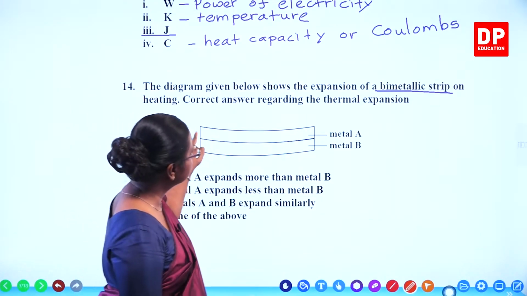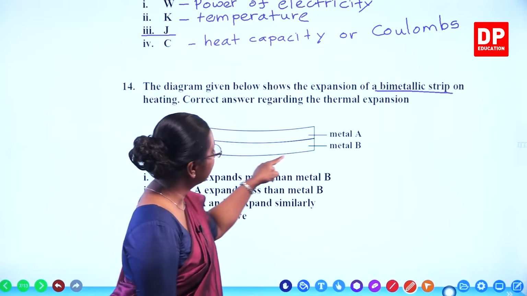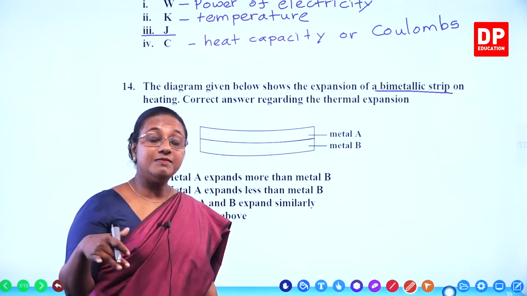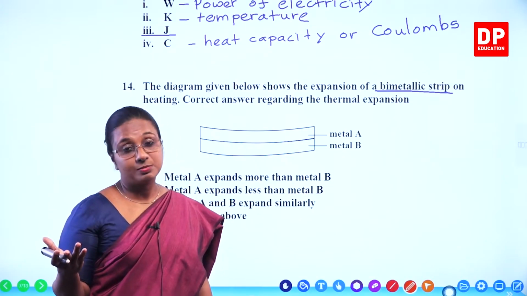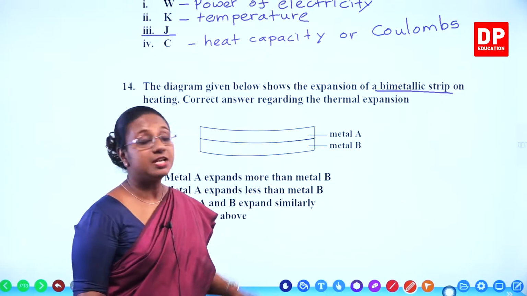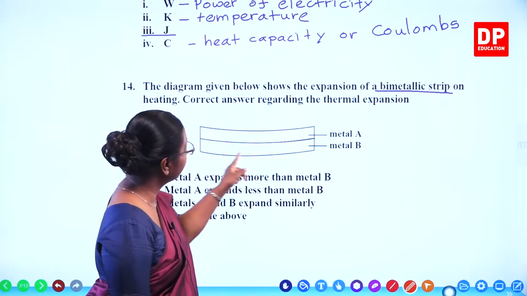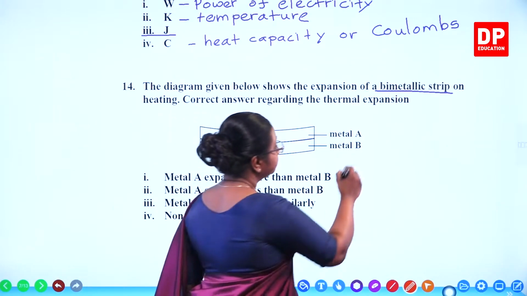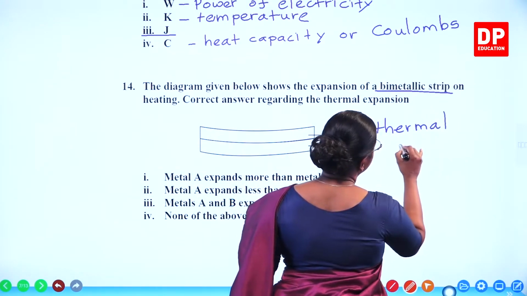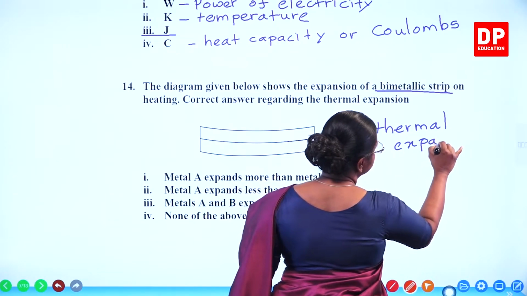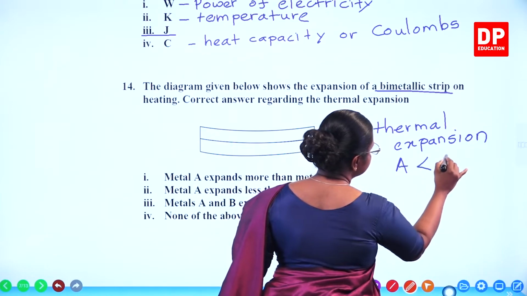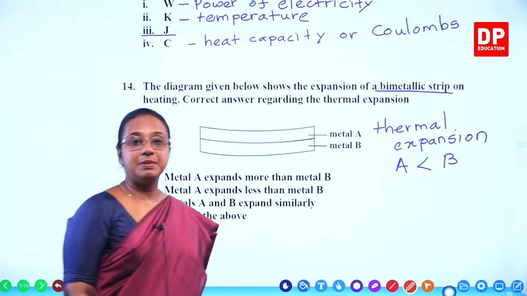You can see here metal A is on top and metal B is at the bottom. When it curves out, more curvature means more thermal expansion. So here metal B undergoes more thermal expansion compared to metal A. A has less thermal expansion than B. Why?